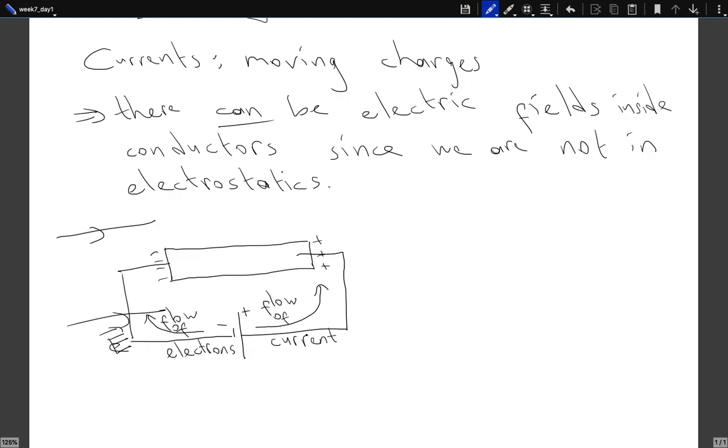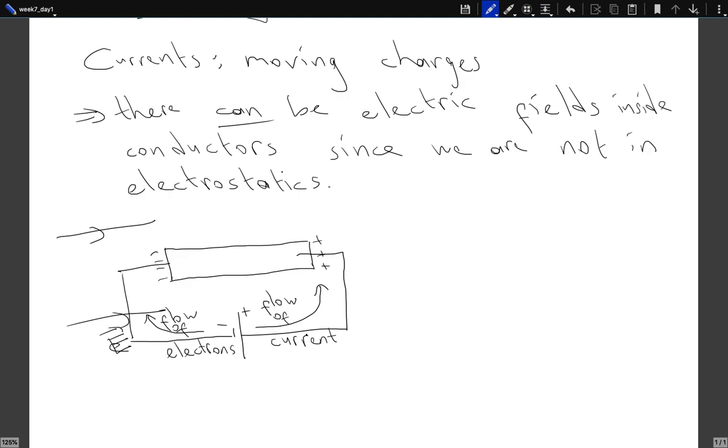Now, in a real circuit, it's the electrons that are moving, because in real circuits we use metals as our conductors. And in the metals, it is the negative charges that are moving. So it's the electrons that are actually moving. But the convention in the definition of the current is always in the sense of the motion of, the pseudo motion, let's say, of the positive charges.